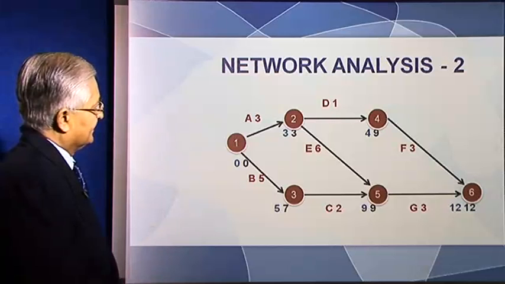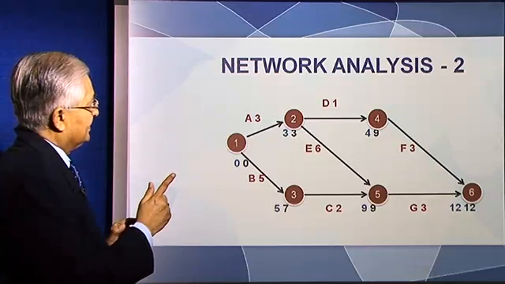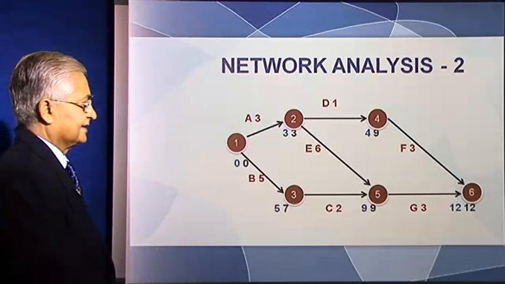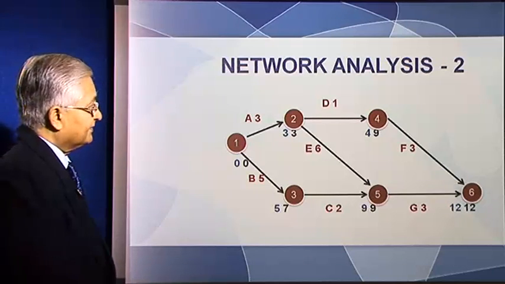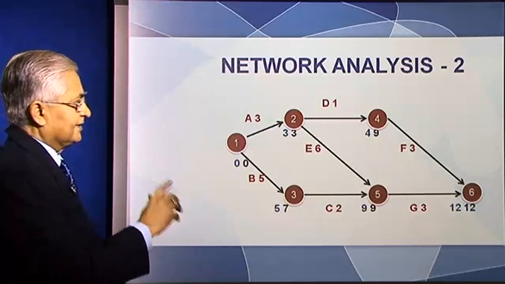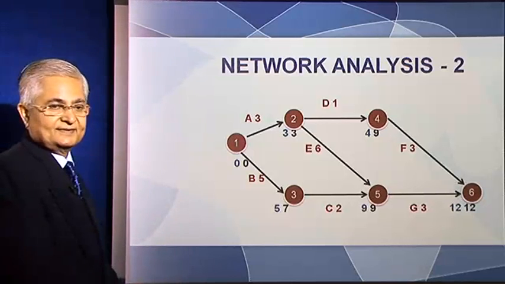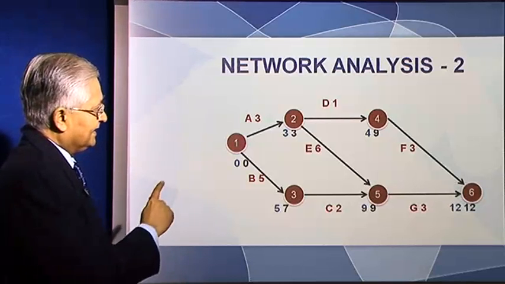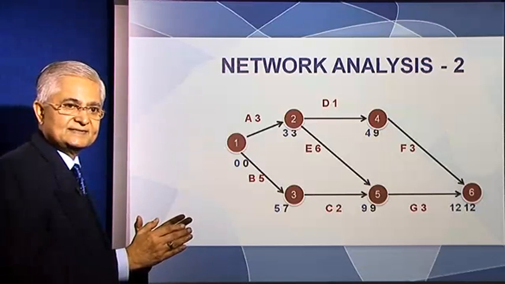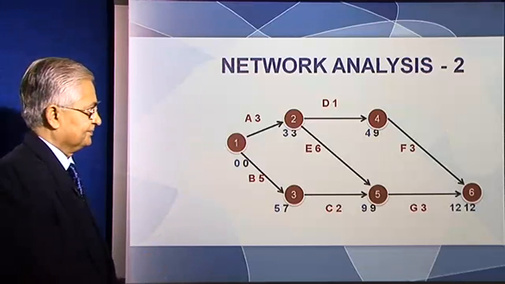A, it's 3, 3 and 0, 0. A is a critical activity. So the path AEG is the critical path. That is the path AEG which determines the time the project will take.